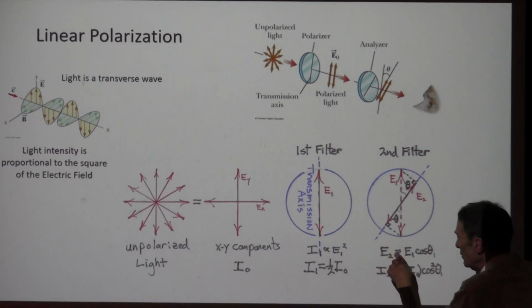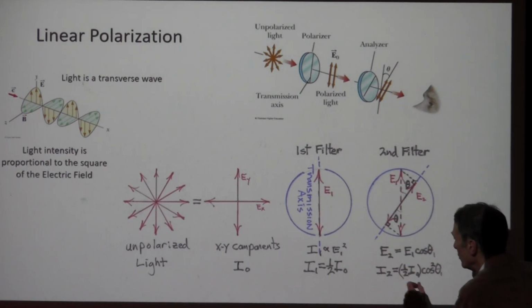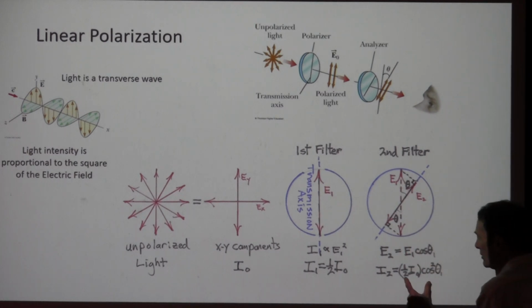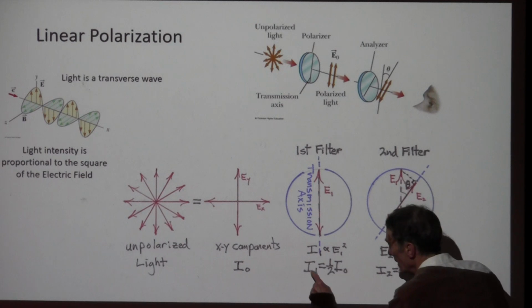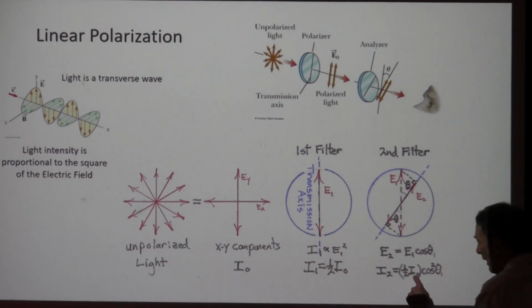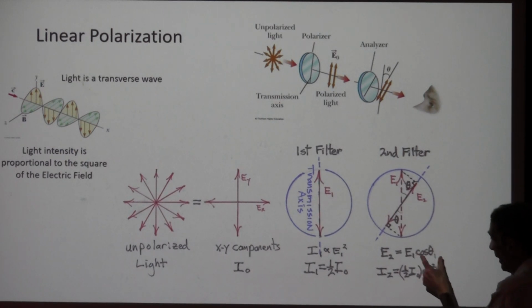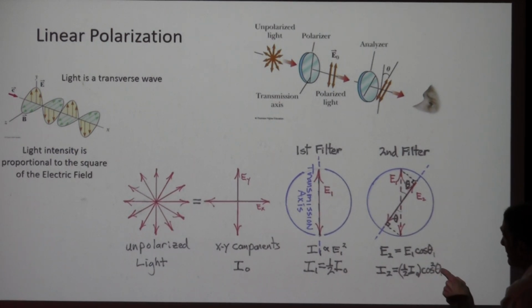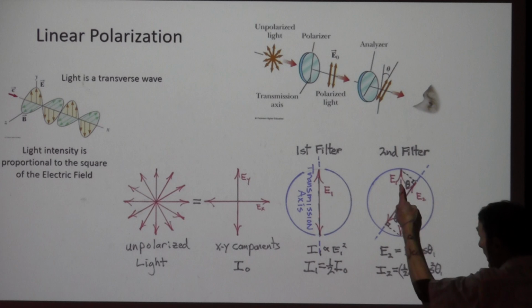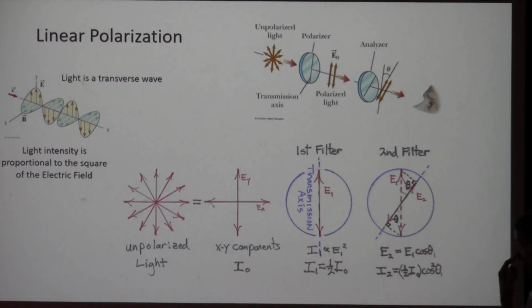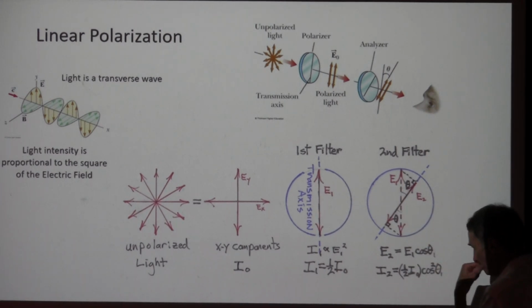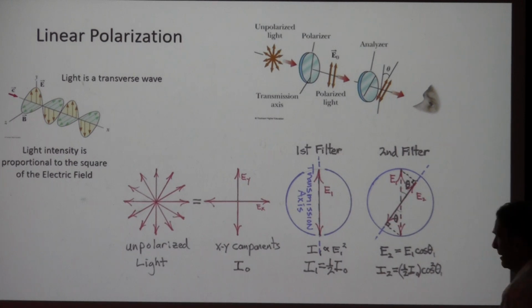E2 squared is going to be I2. Squaring E1 gives I1, which was really just 1/2 of I naught. We have to be careful, we're going to square the cosine, and that's the angle between the transmission axis and the polarized light. And so that is that second intensity coming from that filter.